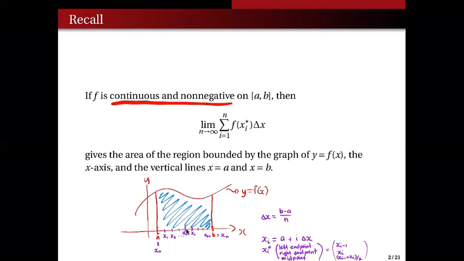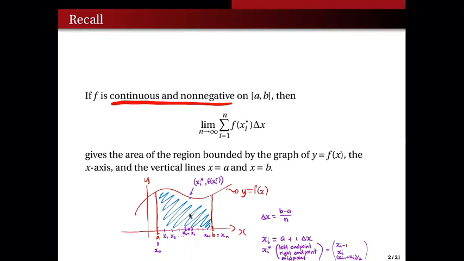But you can choose any sample point inside the subinterval [x sub i minus 1, x sub i]. Suppose we chose this one as our sample point. We look at the image of this sample point on the function, possibly somewhere here, and it has coordinates x sub i star, f of x sub i star.